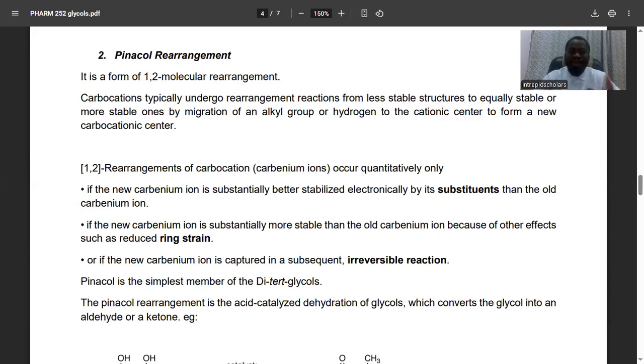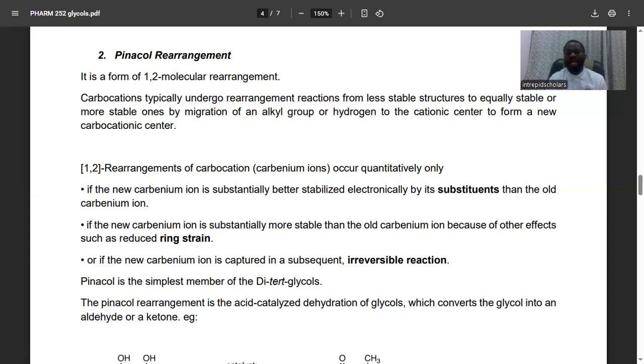And so we are saying carbocation would typically undergo rearrangement reaction from a less stable structure to an equally stable or more stable one by migration of an alkyl or hydrogen to the cationic center to form a new carbocationic center. Now they are describing what we call an alkyl shift or a hydride shift.